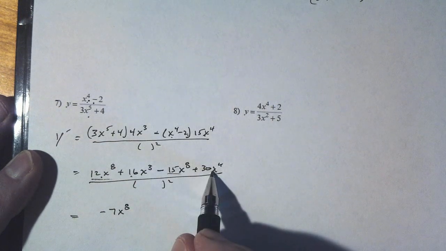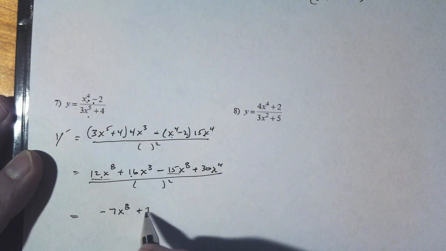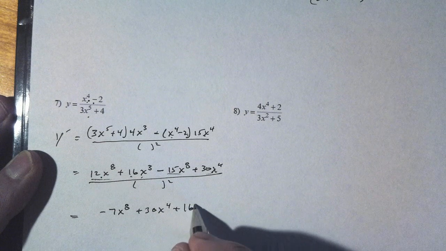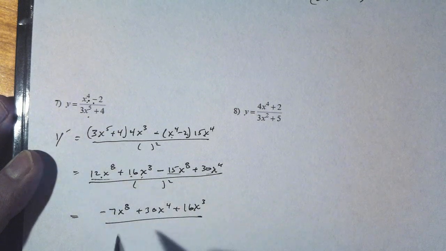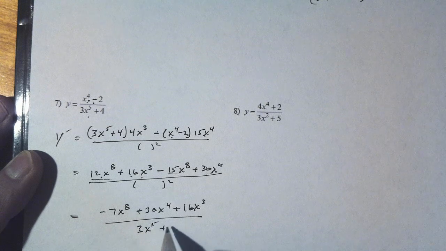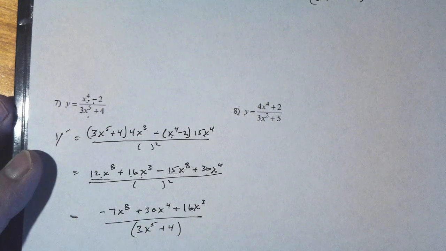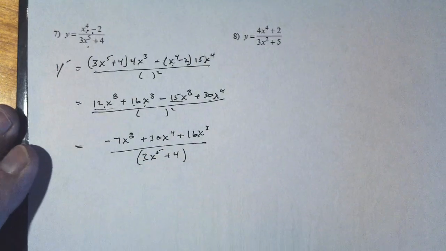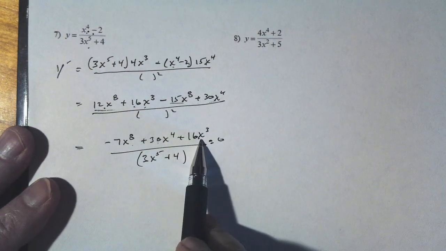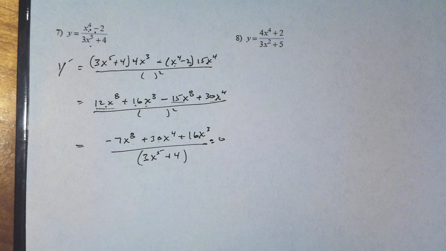X to the fourths, got some here, plus 30x to the fourths, and a plus 16x cubed, all on the square of the thing below. And if I had that set equal to 0, I would at very least factor out an x cubed.